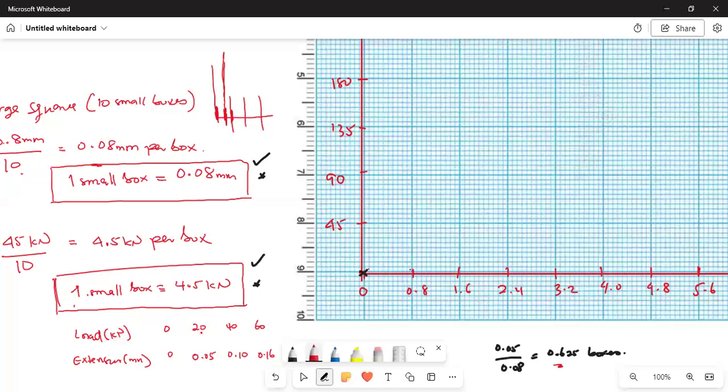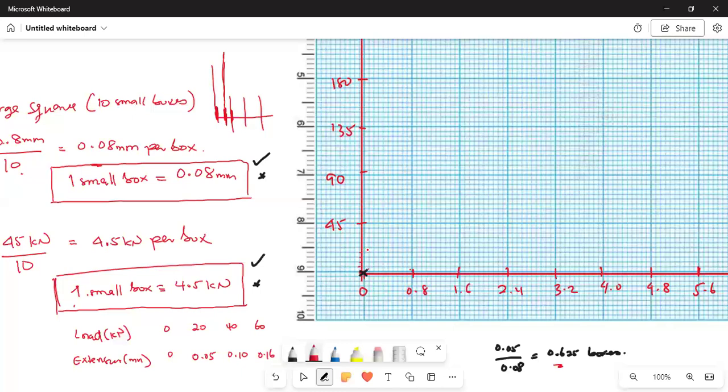The load, let's divide the load by 4.5. So 20 divided by 4.5 is 4.444. So the answer is 4.4 boxes. So on this axis, I'll go 1 box, 2, 3, and 1, 2, 3, and this is 4. So 4.4 is less than 6.